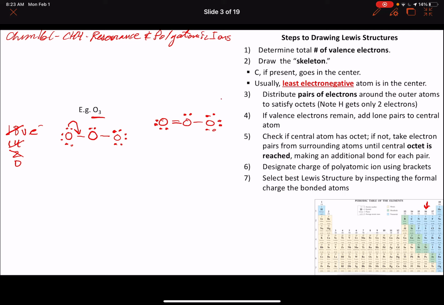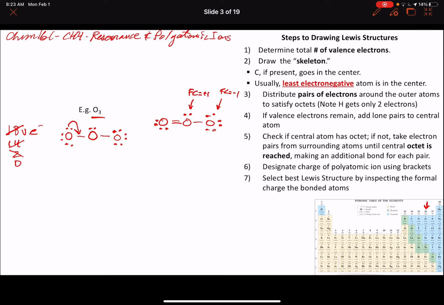And if you ran your formal charges, you would see that this is formal charge -1, and this is formal charge +1. And overall, the molecule is neutral. These formal charges add up, and that's what we see reflected in the formula. So that is one plausible Lewis structure.